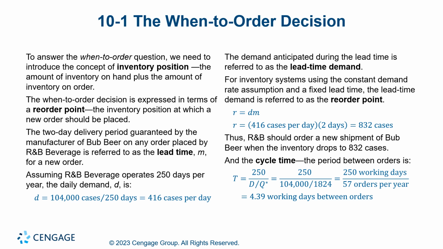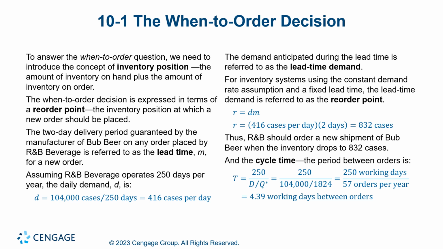So if we take D divided by Q, we get 57. So 57 is the number of orders RMB will place for bulk beer each year, throughout the annual calendar.